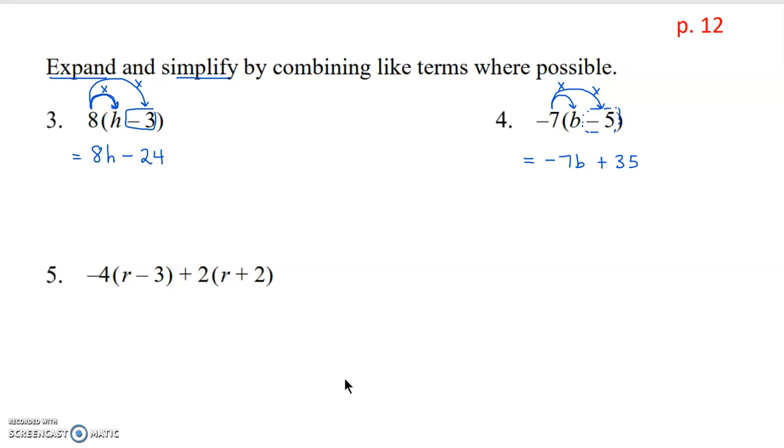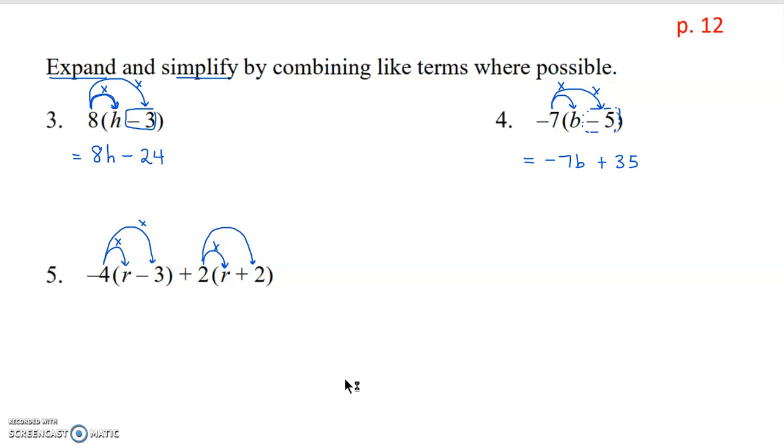Number 5, we have 2 places to distribute. You see how this negative 4 is basically touching the bracket? That means you need to multiply that to the r, first term, and the negative 3, second term. And the same thing goes over here with the 2. I'm going to multiply that to the r and distribute it.